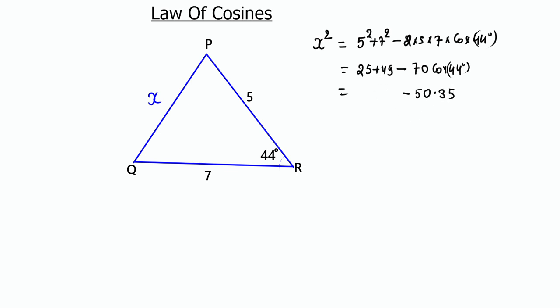Then 25 plus 49 is equal to 74. So 74 minus 50.35 is 23.65. So x square is this. To find the value of x, we take the square root of 23.65, and that is going to be about 4.863. I can approximately write 4.86 up to two decimal places. So x is going to be 4.86.